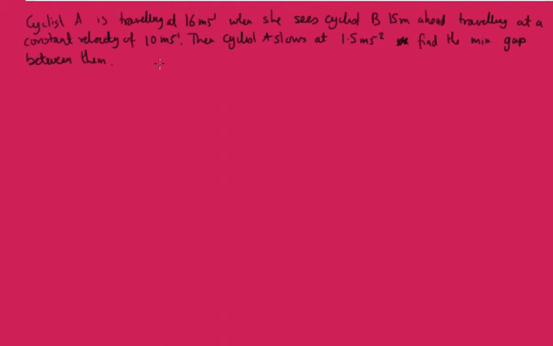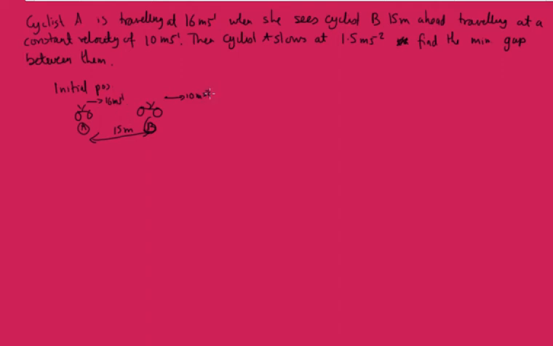So we've got the initial position of cyclist A and cyclist B. So this is A, this is B, and A is travelling at 16 meters per second, and cyclist B is 15 meters ahead, travelling at 10 meters per second.